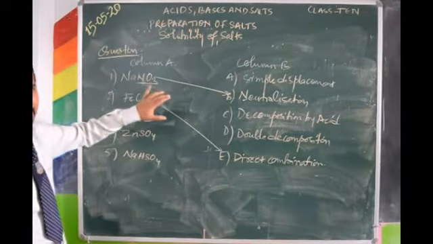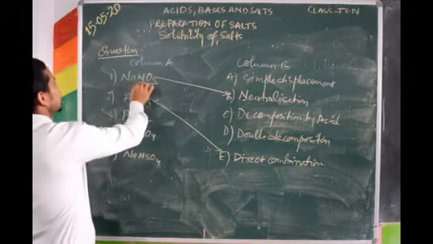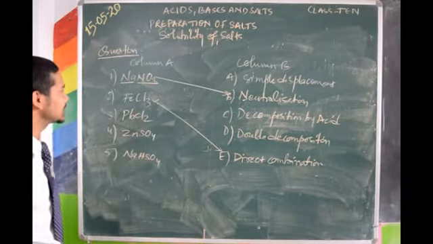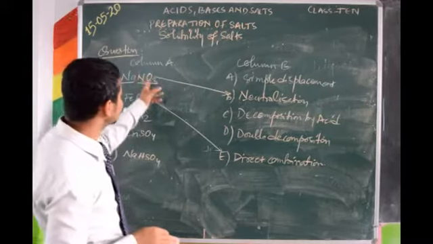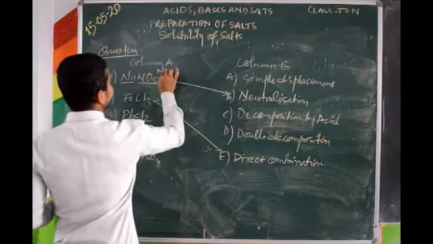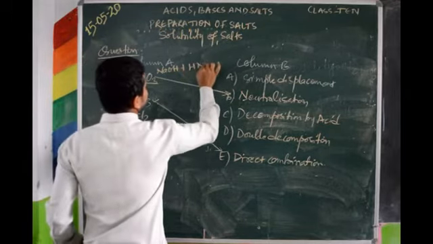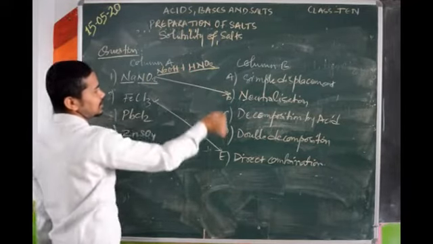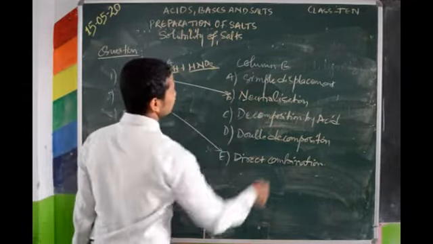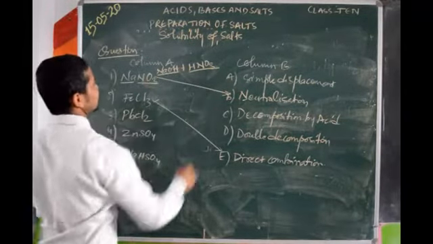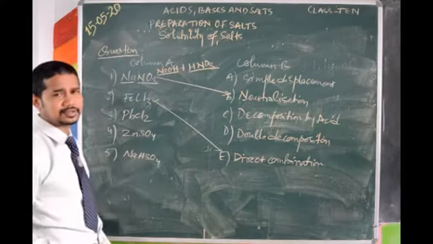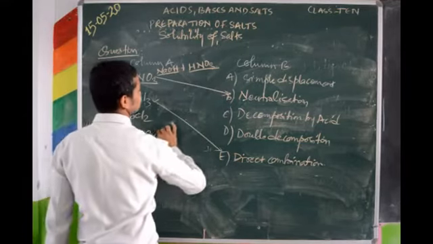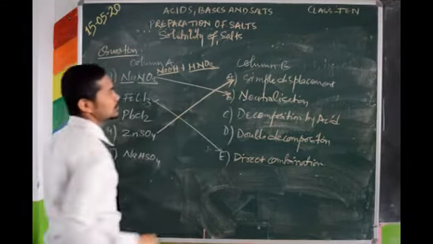That means titration, neutralization, because this is nitric acid and this Na must have come from sodium hydroxide, which is a soluble base. When acid reacts with a soluble base, you get titration, that is neutralization. So NaNO3 is neutralization. Then zinc sulfate must be from simple displacement, because zinc displaces hydrogen from sulfuric acid.